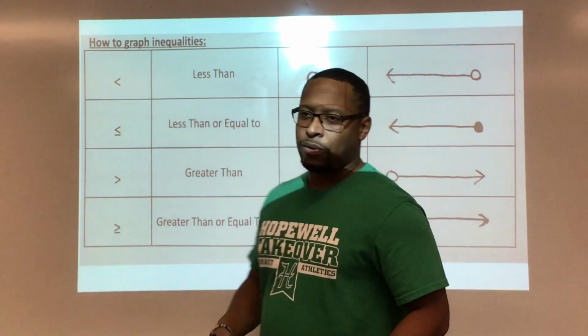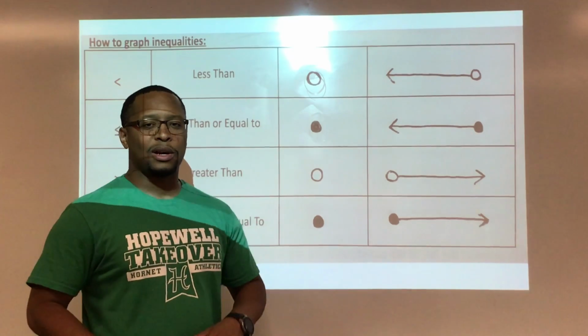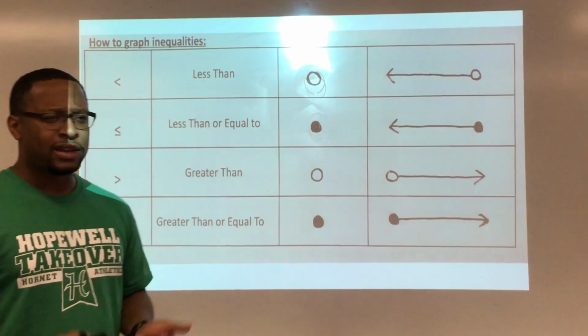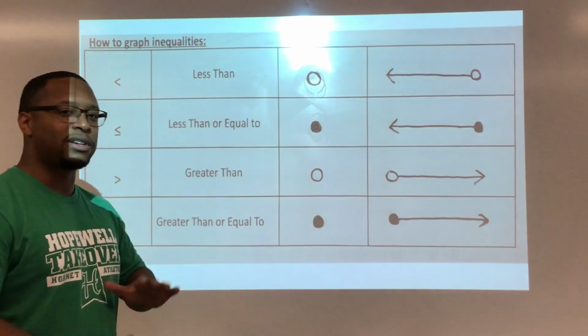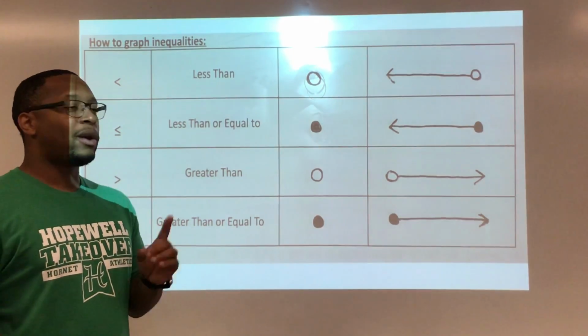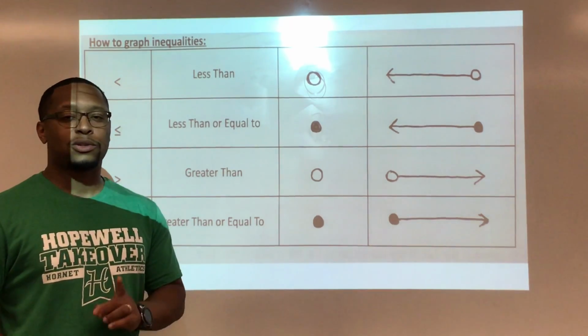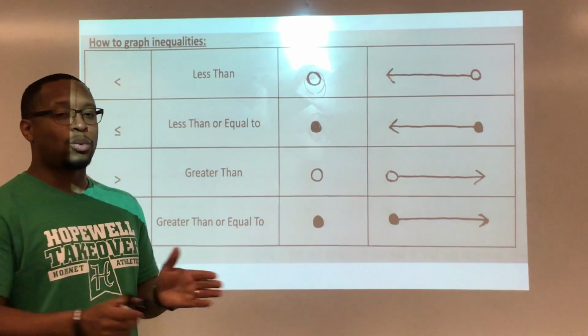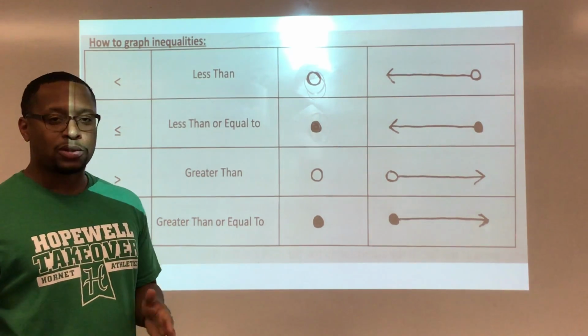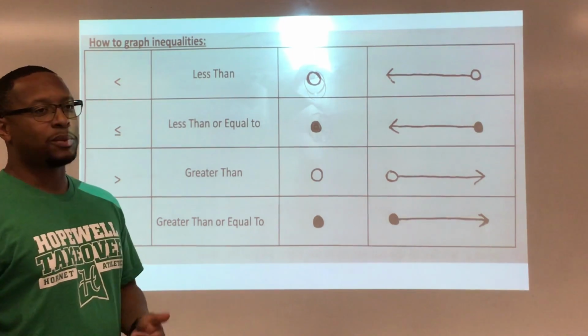The most difficult thing that a lot of 7th graders encounter when they're dealing with inequalities is that they're very similar to equations and how you solve them. However, with equations, you only had one answer. Only one answer works. If x equals 1, then the only thing that x can equal is 1. That's not the case with inequalities.